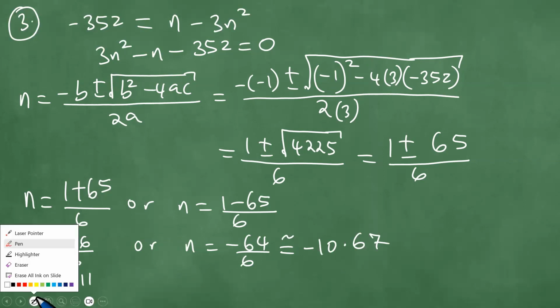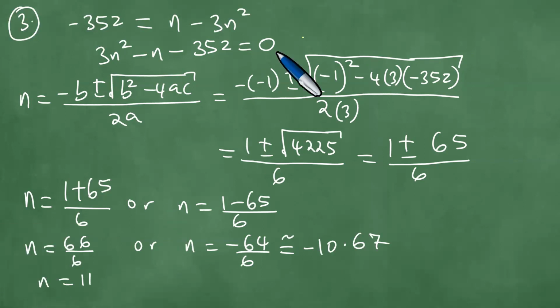I must indicate that this is one way to do the question, but there's another way. Another student can just factorize this one. So what are the factors of these here? Somebody can factorize this like this.